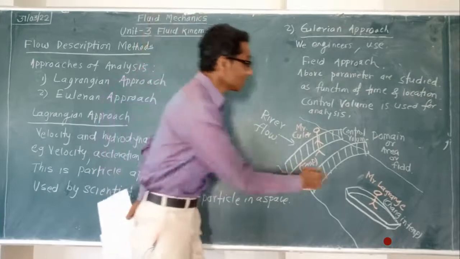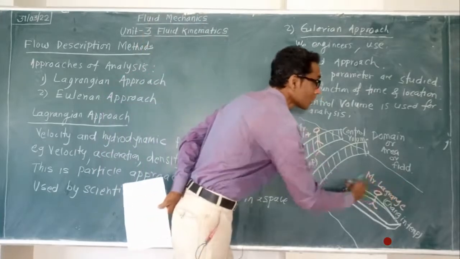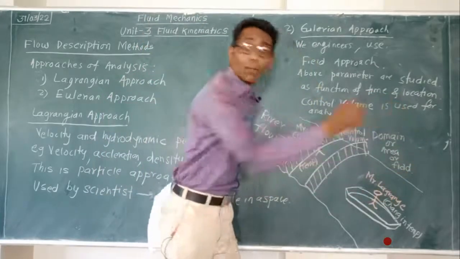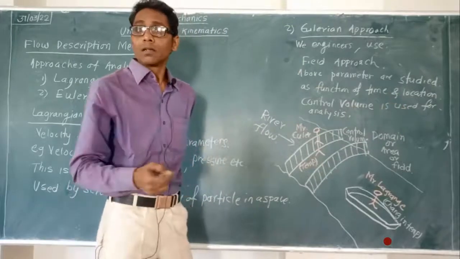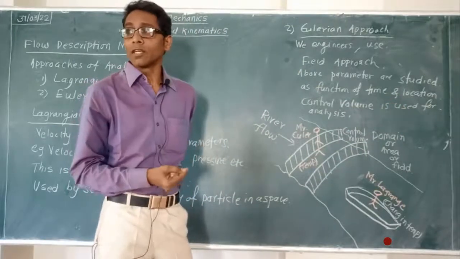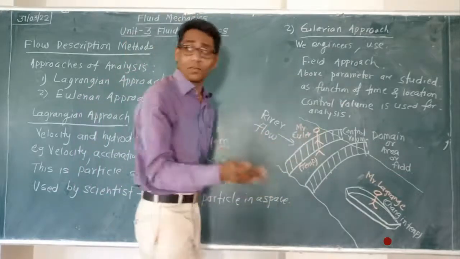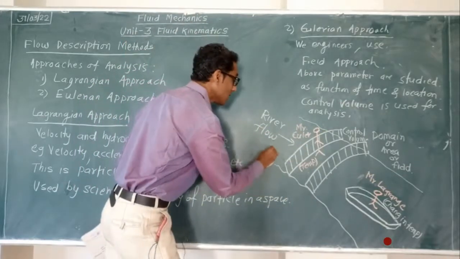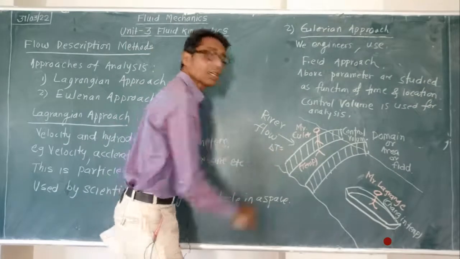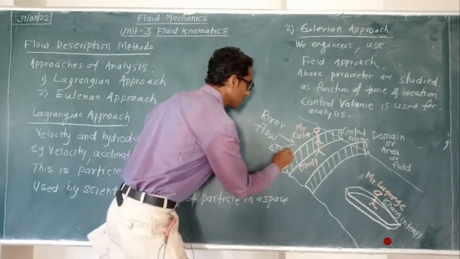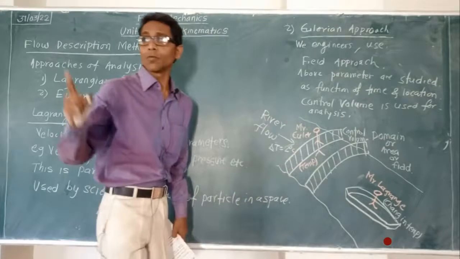And Mr. Lagrange is monitoring particle to particle along the flow. Suppose Mr. Euler found delta T, a change in temperature, of for example 2 degrees Celsius in 1 hour.